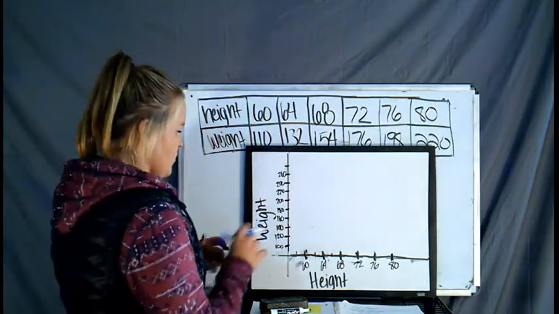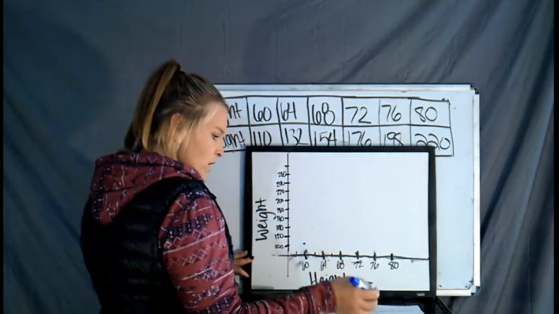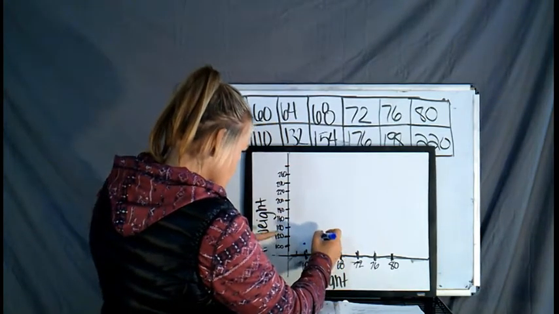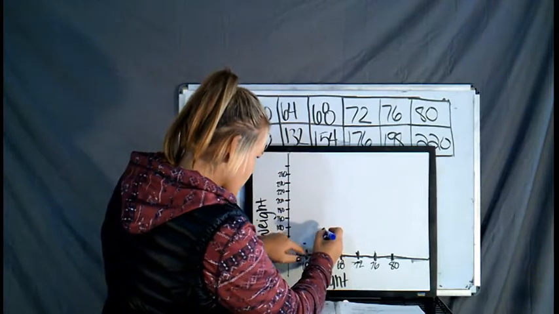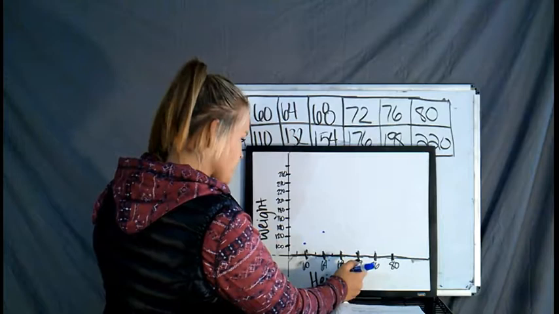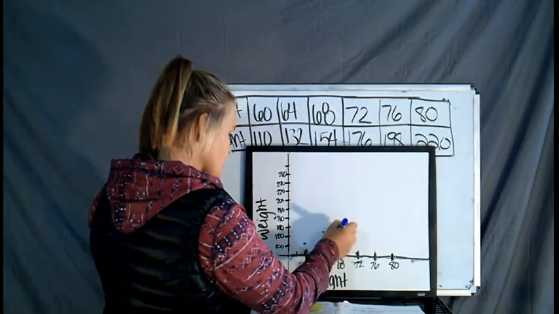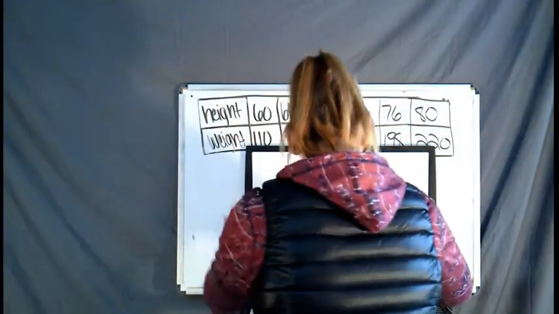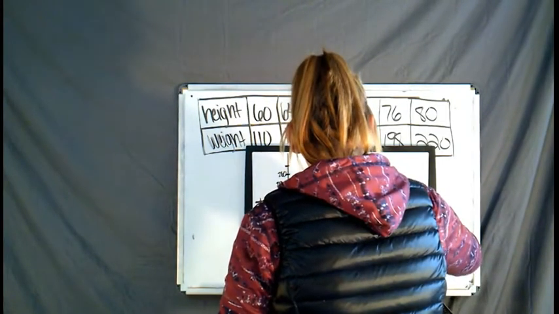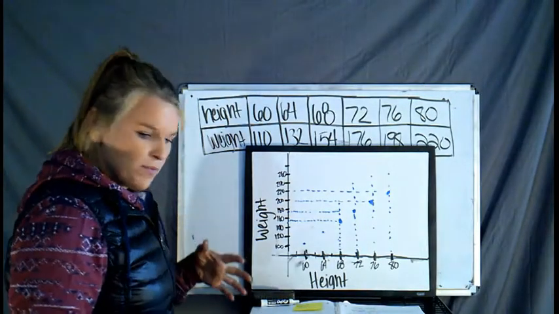60 is 110. 64 is 132. 68 is 154. Plotted all my points, and now we're going to connect these points.